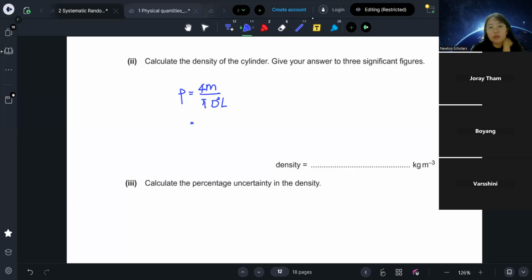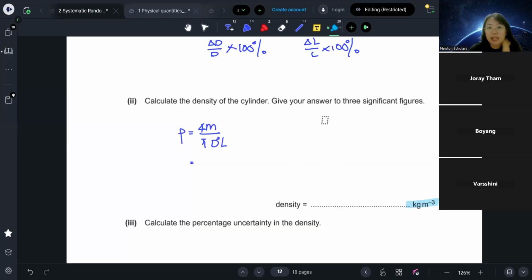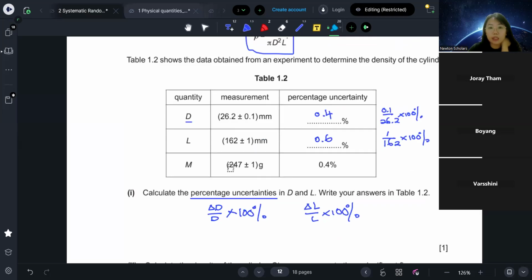Oh, one thing, you look at this, dear. kg per meter cube. Unit in kg, unit in meter. So which means that the value that you use here, 247, you have to convert to kg. Which means that 247 times 10 power of negative 3. That means divided by 1000, convert to k.